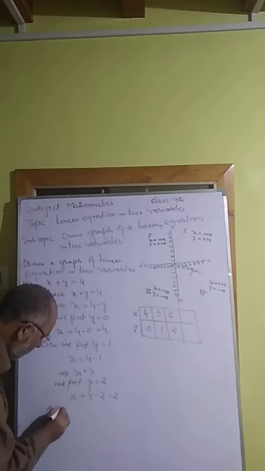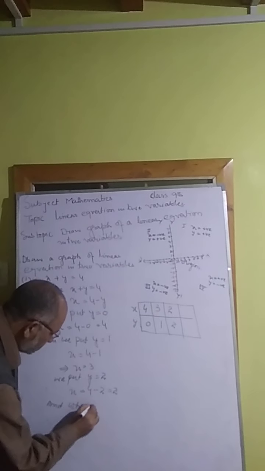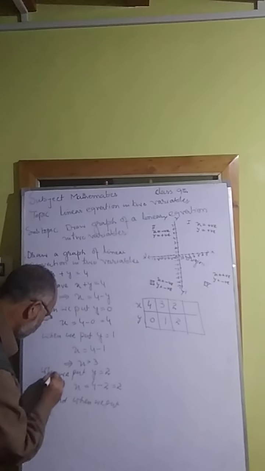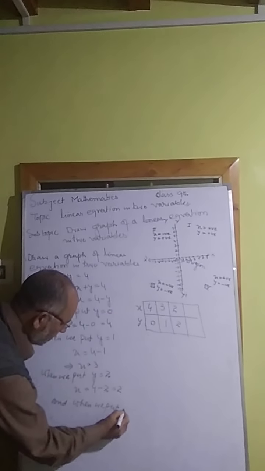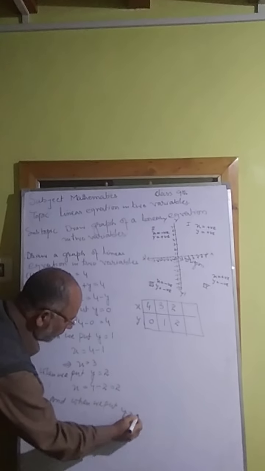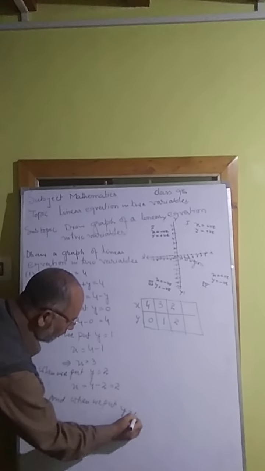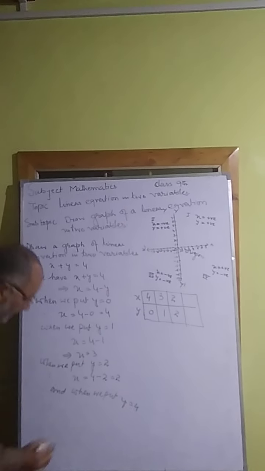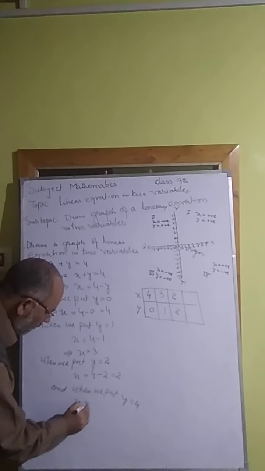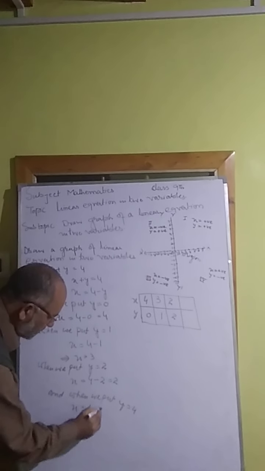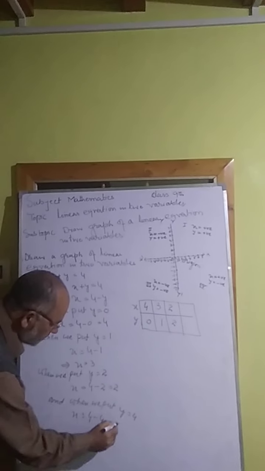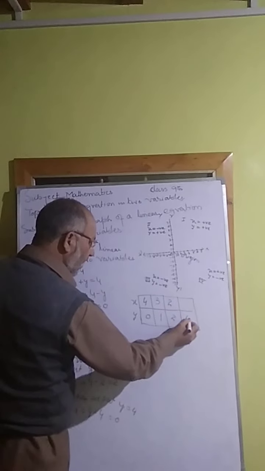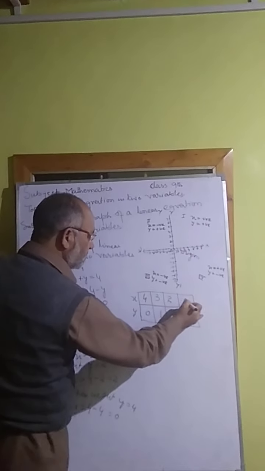And when we put y is equal to 4, x is equal to 4 minus 4, which is 0.